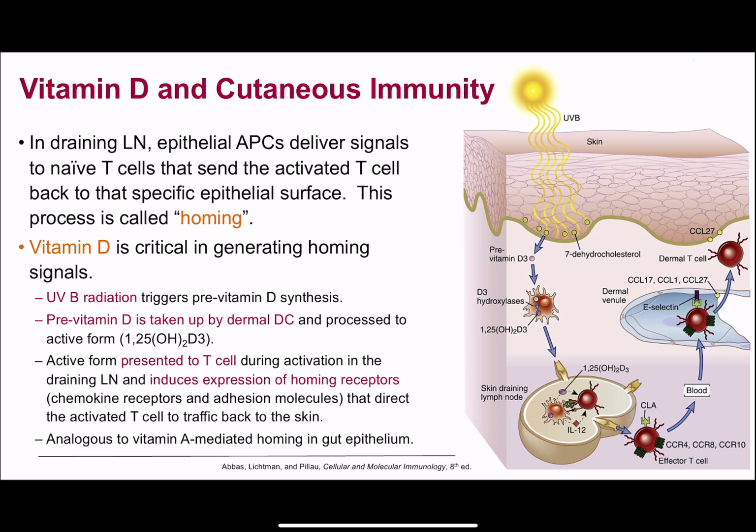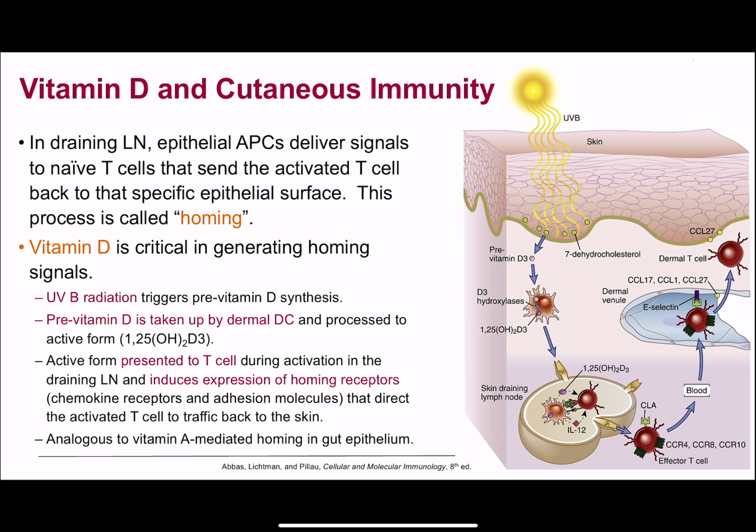When that cell, the APC, becomes activated, as it starts to traffic to the lymph node, it takes up the pre-vitamin D that's in the environment, and then converts it to its active form, right, of full vitamin D. When that APC then presents the antigen to the naive T cell, it releases that vitamin D, and that vitamin D imprints a signal on that T cell that says, you need to go back to the skin, just like vitamin A did in the gut epithelial response, right?